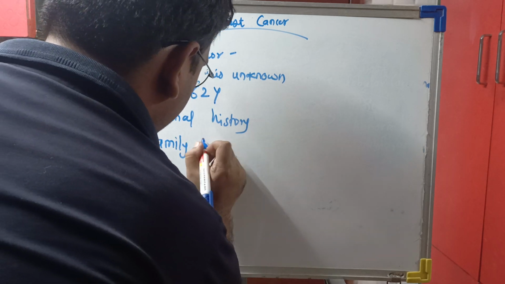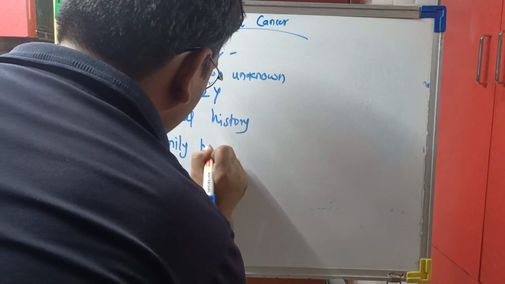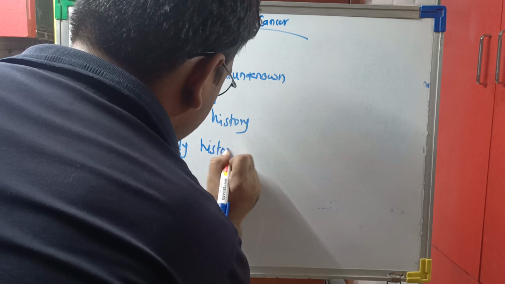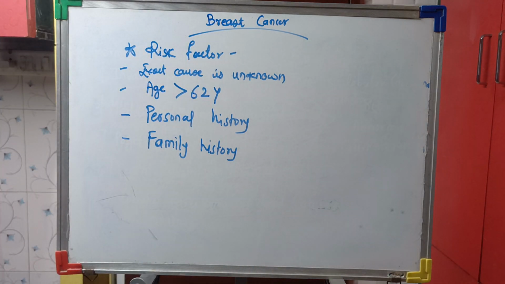Meaning if anyone in her family has breast cancer, there is a chance that she can also have breast cancer. Certain changes in the breast can also trigger breast cancer.